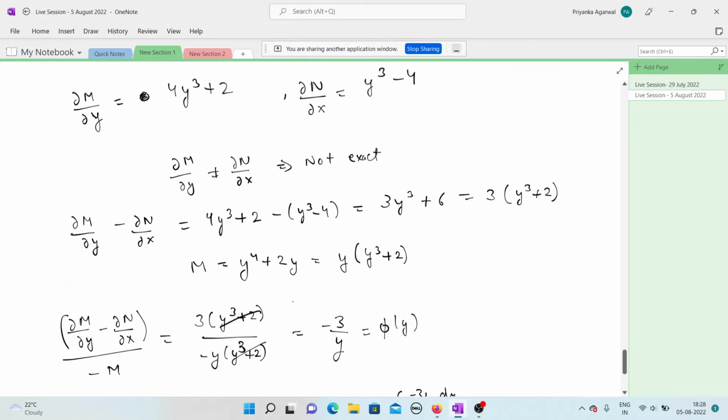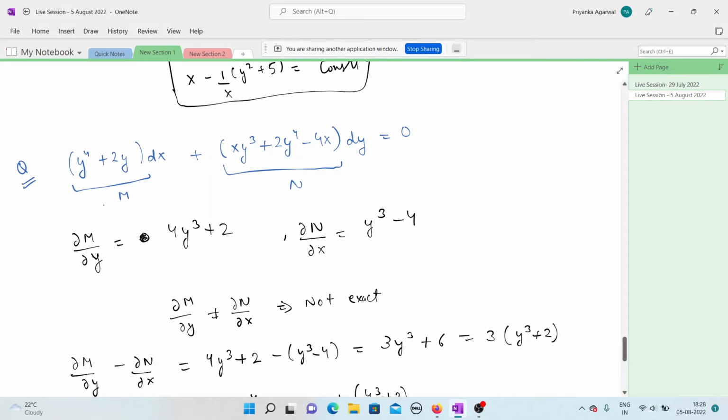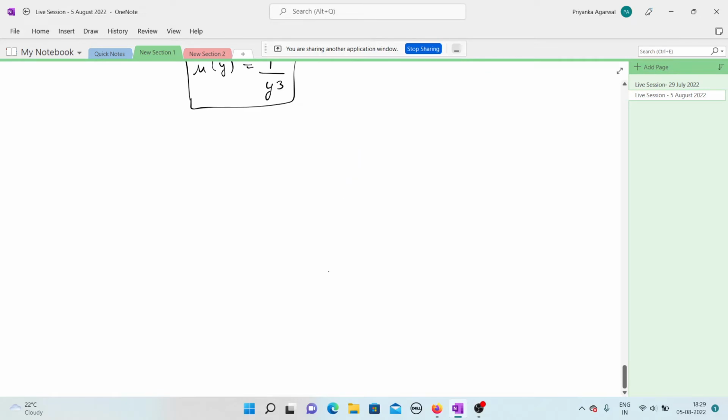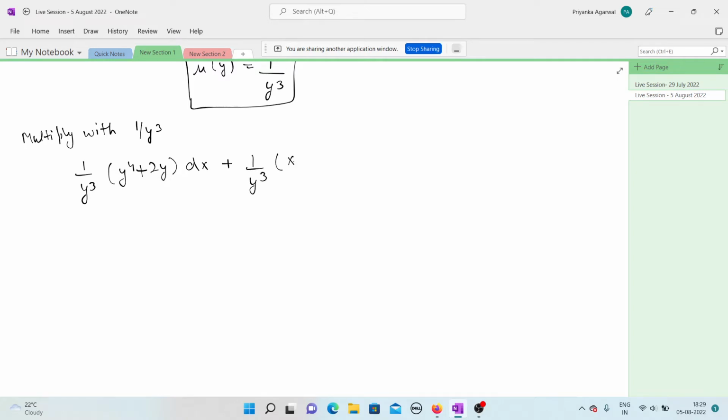Now multiply the given differential equation with this integrating factor on both sides, and this equation shall become exact differential equation. So if we do so, this is now 1 by y cube multiplied with 1 by y cube. So this will become y to the power 4 plus 2y dx plus 1 by y cube x y cube plus 2 by 4 minus 4x dy equals to 0.